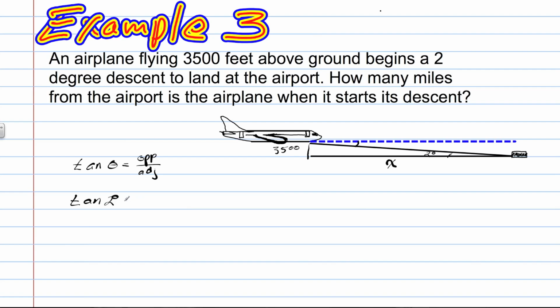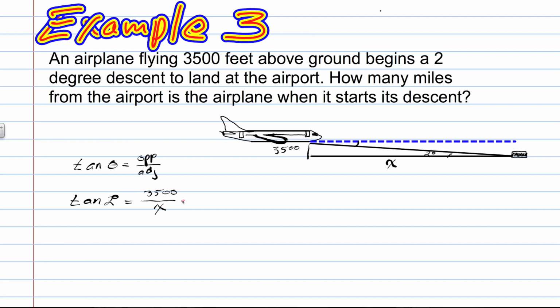So the tangent of 2 degrees is equal to, now here's where the difference is. Now we know the side opposite, which is 3,500 feet. We have to solve for the side adjacent. So what we do here is we actually take 2 steps at once.